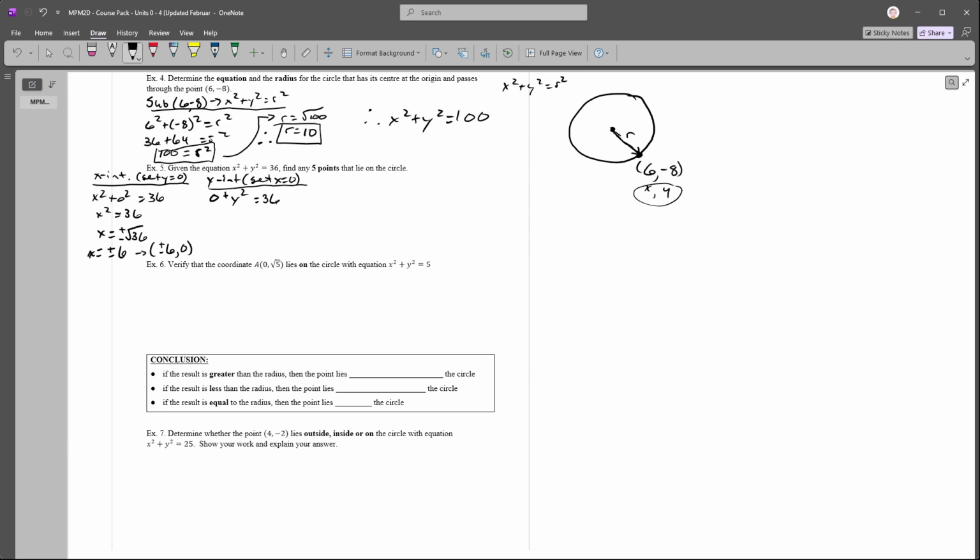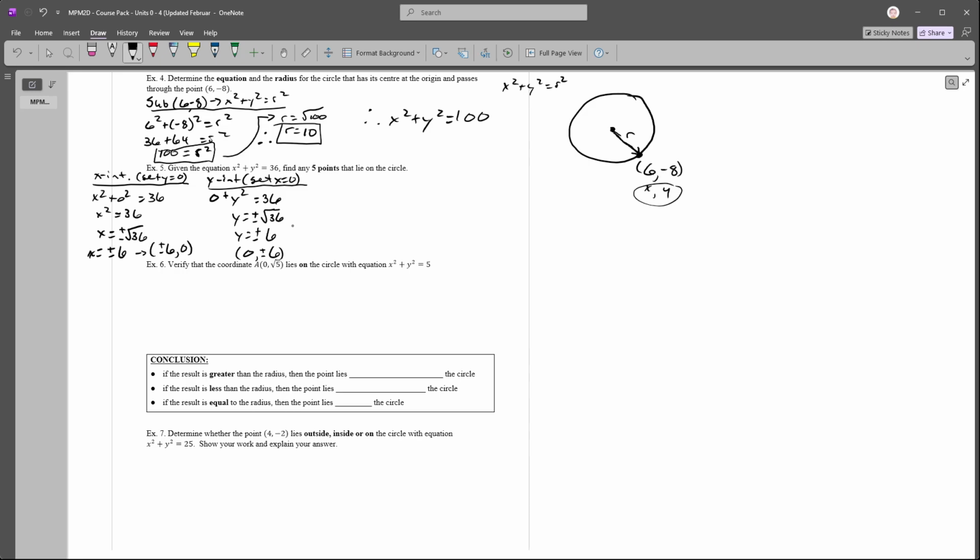And it's the same problem as before. We have to take the square root of both sides. So y is going to be equal to the positive or negative of root 36, or y is equal to positive or negative 6. So again, we end up with 0, comma, plus or minus 6. Now there's 4 points. But it has to have 5.